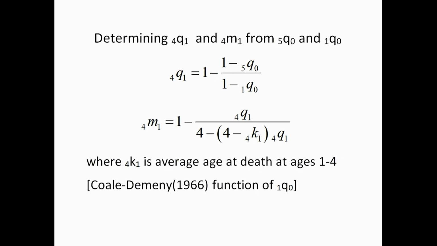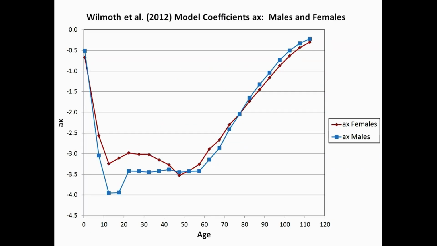Okay, now we're going to look at some of the curves, plots of the coefficients. First, we see AX. This is the constant term. It's negative because the death rates are all under 1, and they're greater than 0.